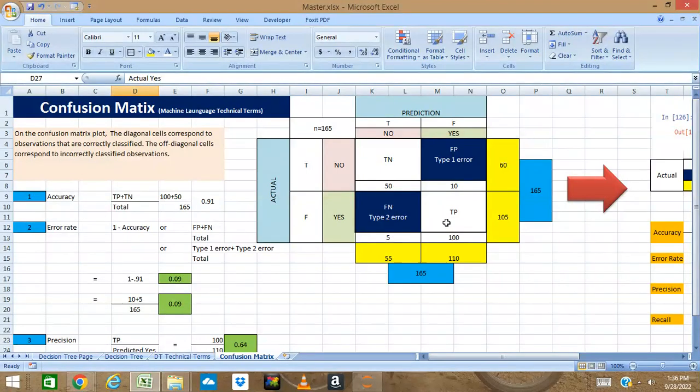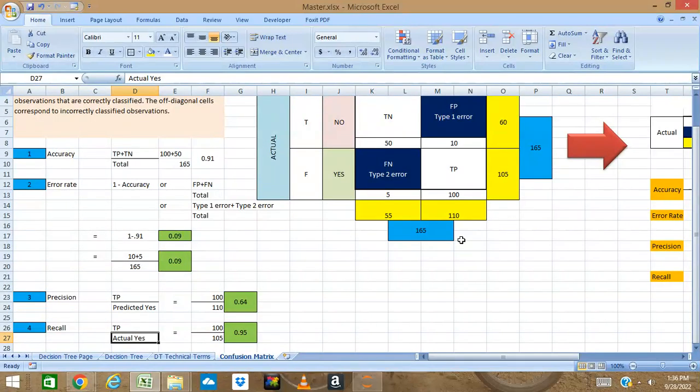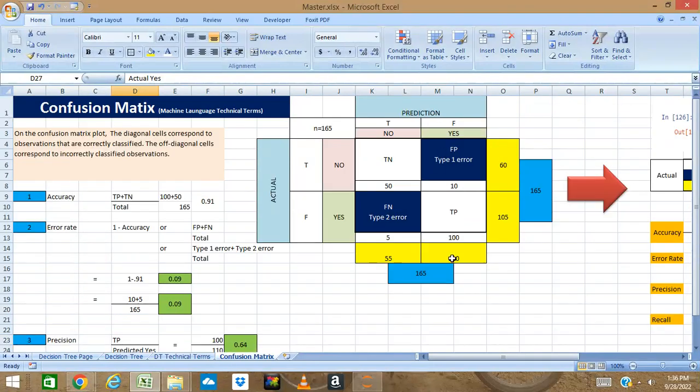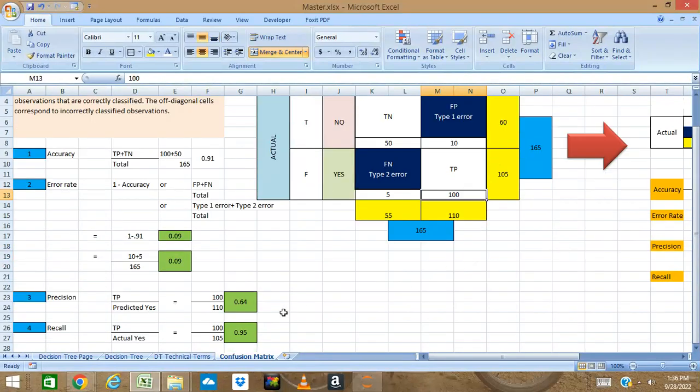It's a positive and eligible for the loan. These 100 people: what percentage of the total prediction data and what percentage of the total actual data? My total of prediction yes is 110, and out of 110, my 100 is matching with the actual. So what percentage? See, 100 divided by prediction yes, 110, 91% we are matching here.